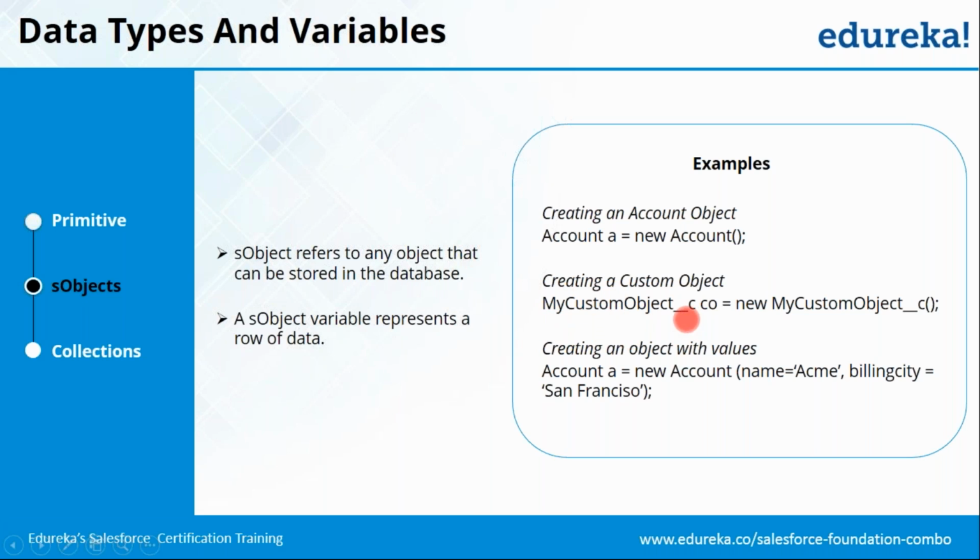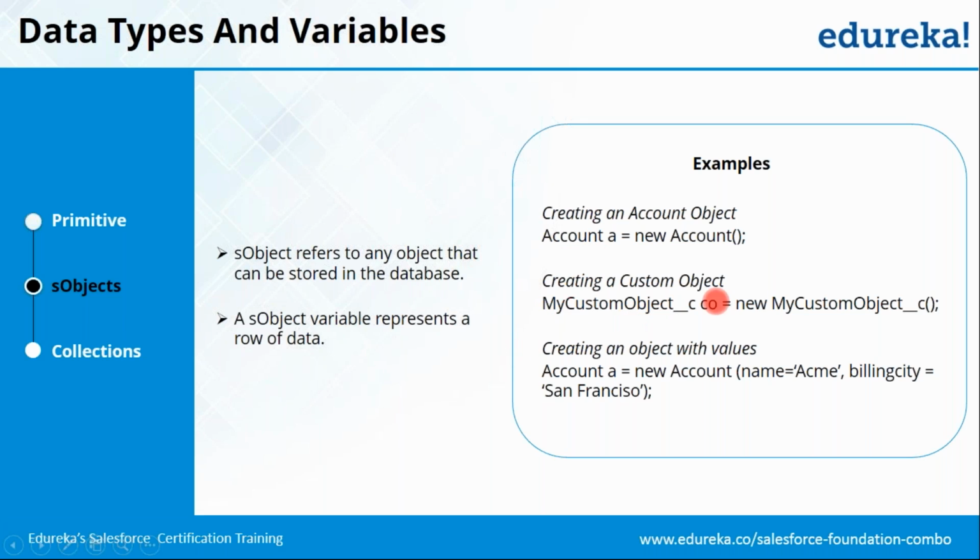You can say my custom object __c, because in Salesforce custom objects are suffixed with __c. Then you give the variable name, is equal to new, again my custom object __c. So the only change is the object name. The object name will not have any suffix in the case of a standard object, but in the case of a custom object, you will have a __c. So that is with respect to creating a custom object.